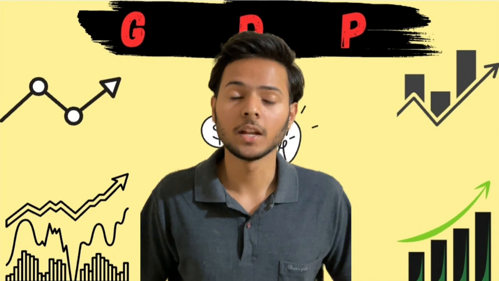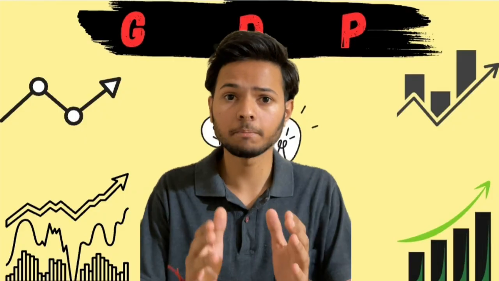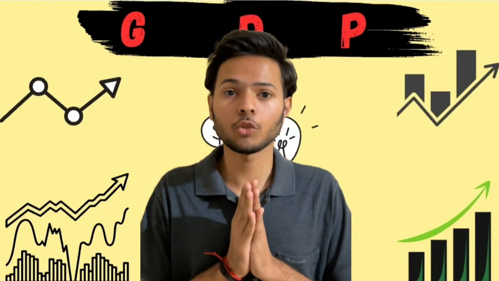A high GDP does not mean that people living in that country are really happy. It does not show us the happiness index or the health or the education or the quality of life. So we can say that GDP is a good indicator of economic size, but not necessarily of people's well-being. So that's it, and thanks for watching this video.